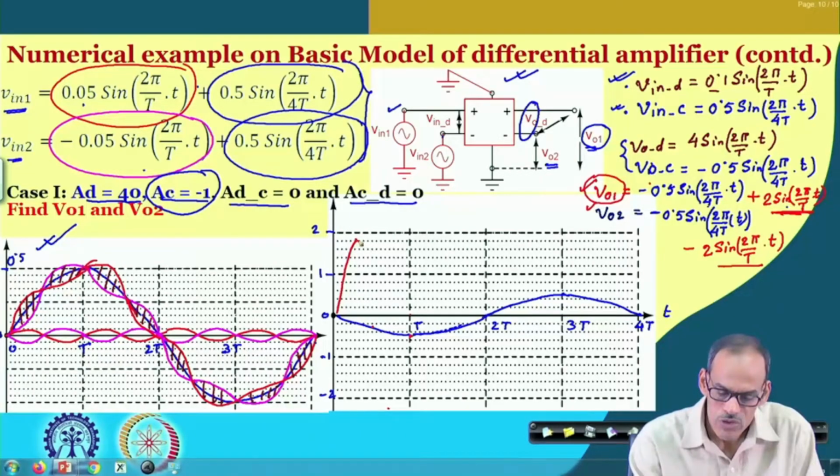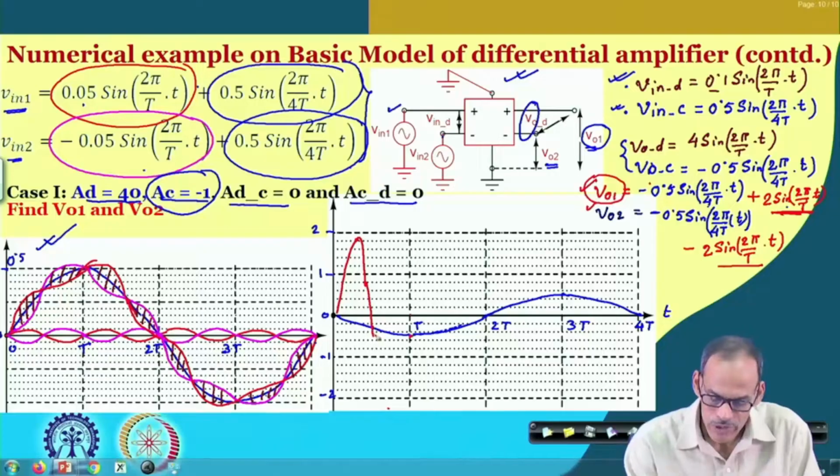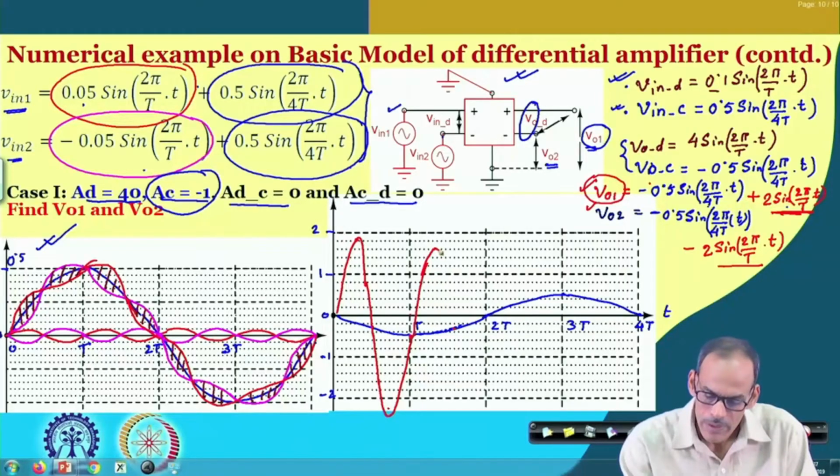So it will not reach 2 volt, it may have a slightly smaller value compared to 2 volt, because the common mode part exists. Likewise here again this part will not really go to 2 volt. So it goes like this.